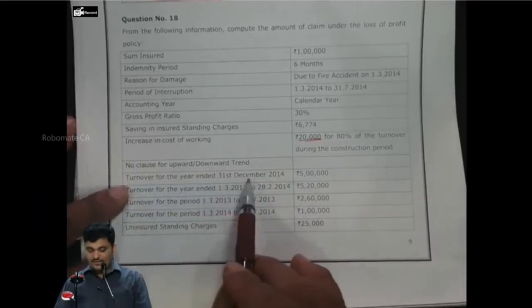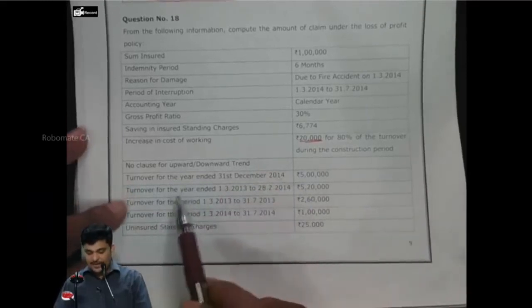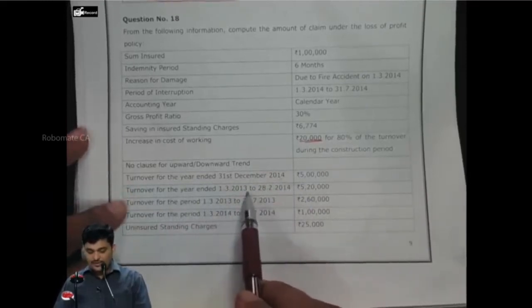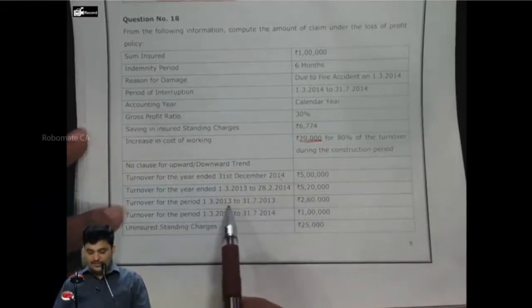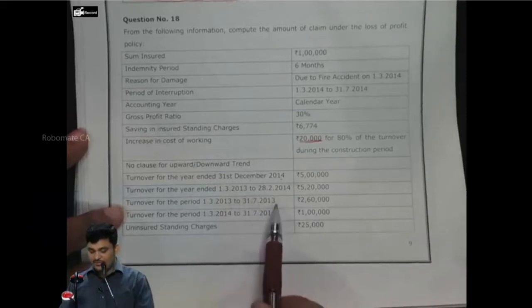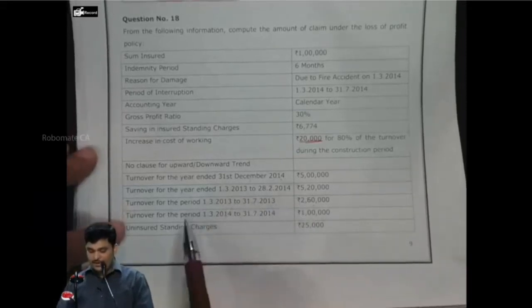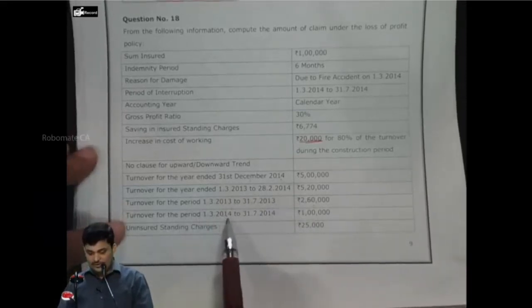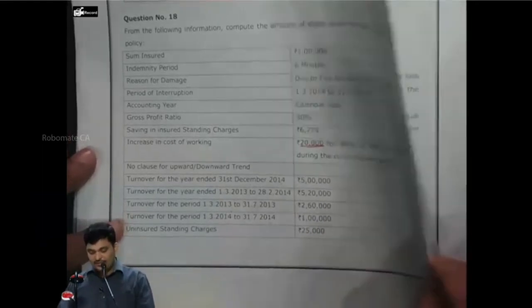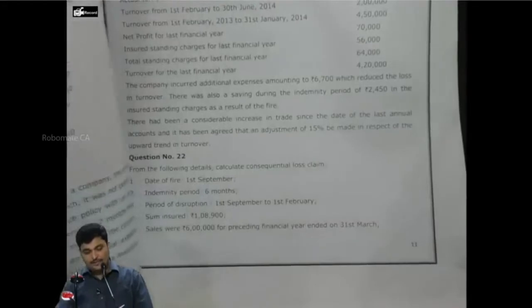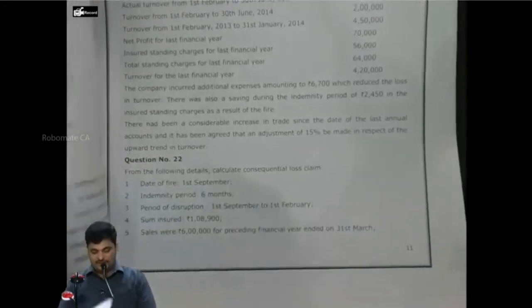Turnover for the year ended 31st December 2014 5 lakhs. Turnover for the year 1/3/2013 to 28/2/2014 5,20,000. Turnover for the period 1/3/2013 to 31/7/2013 2,60,000. Turnover for the period 1/3/2014 to 31/7/2014 1 lakh. Uninsured standing charges rupees 25,000 and net profit 90,000.